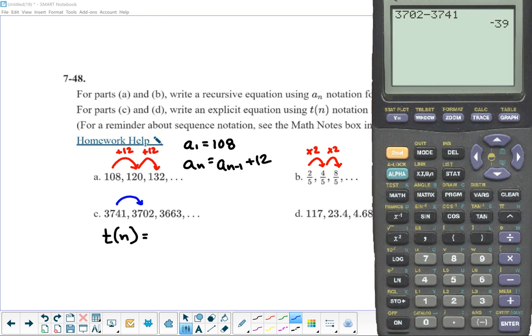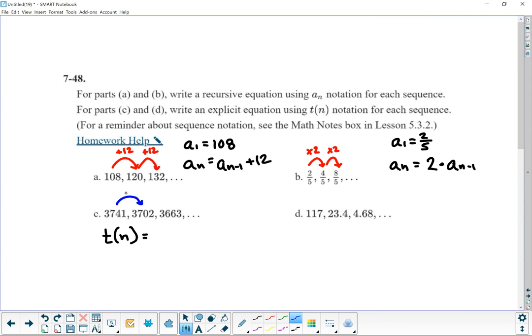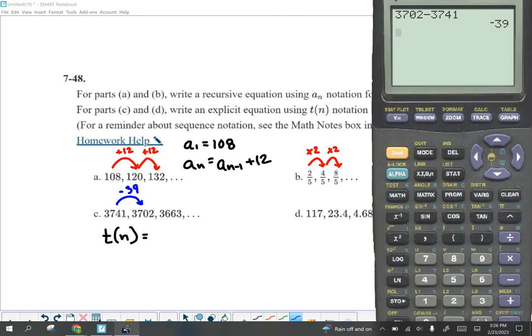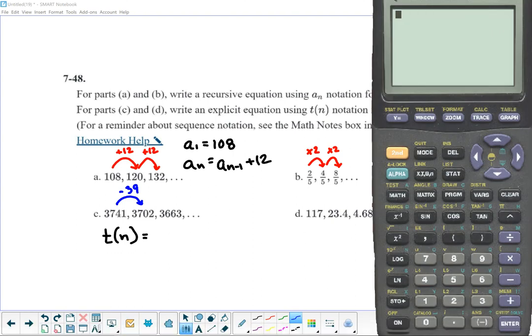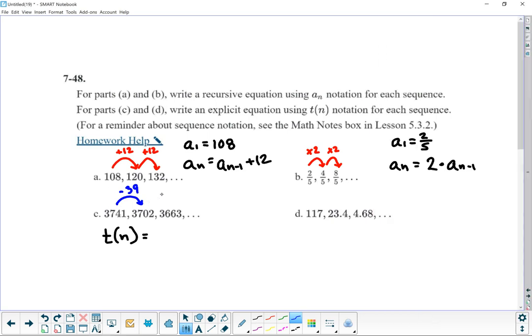And that looks like I'm subtracting 39. I'm going to try it again and see if that works. I'm going to take the third one, 3663, and subtract the second one, 3702. And it looks like it matches, so it's minus 39 each time.